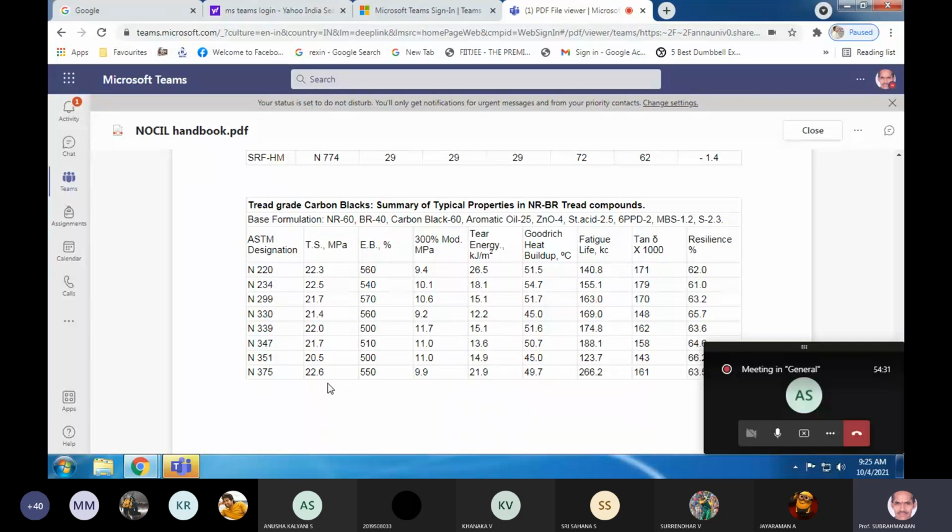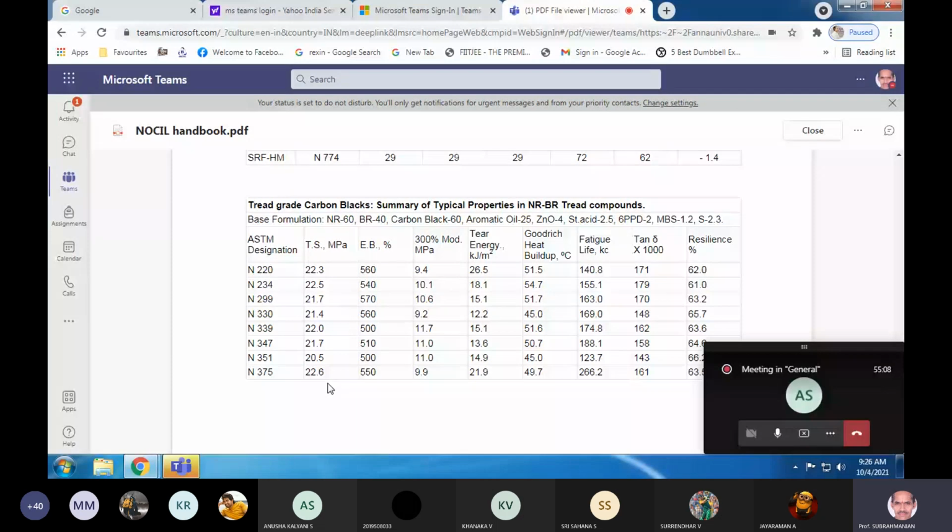What about HAF? With HAF also the trend continues for fatigue life. But look at the N351. That is not unidirectional. N351 specifically gives a low fatigue life. Right? What is its resilience? Resilience is better, 66. So N351 high resilience means what?